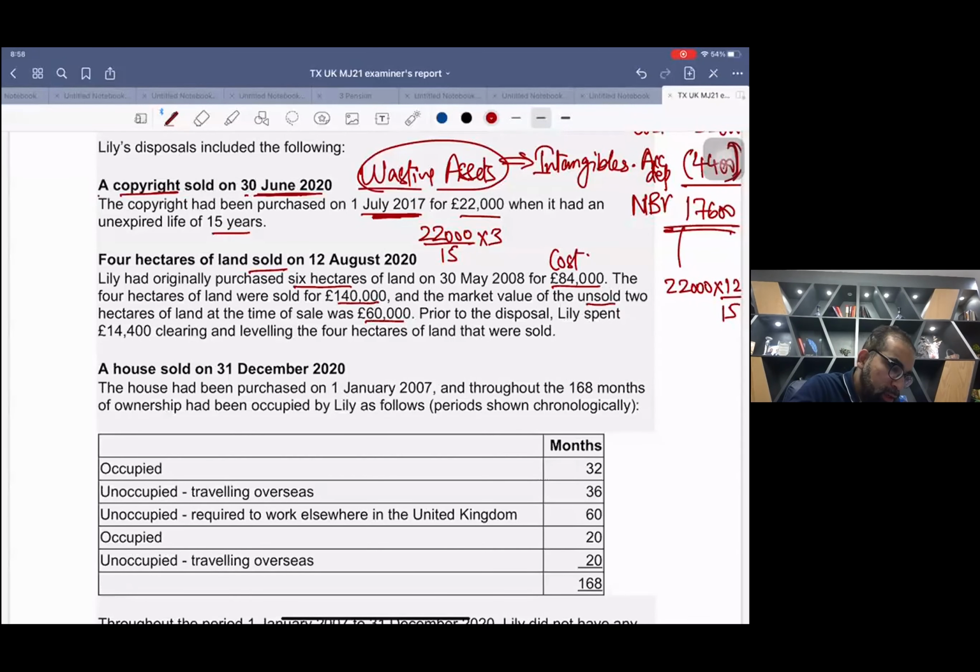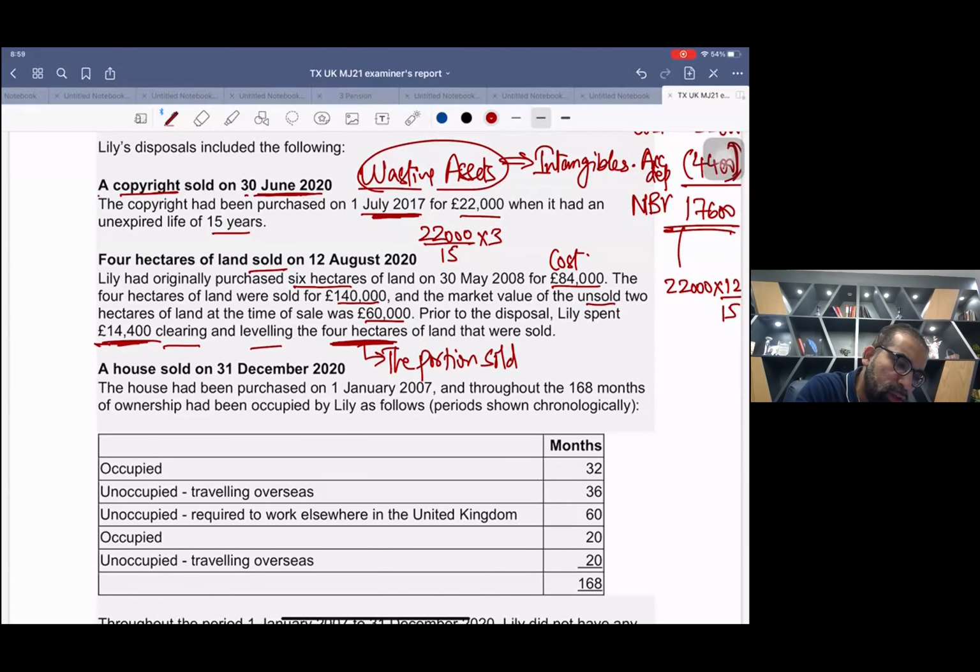Prior to the disposal, Lily spent 14,400 on clearing and leveling the 4 hectares of land. This 14,400 is incurred purely on the portion sold. I'm sure I taught you this in class: only a few costs are apportioned, all costs are not apportioned.